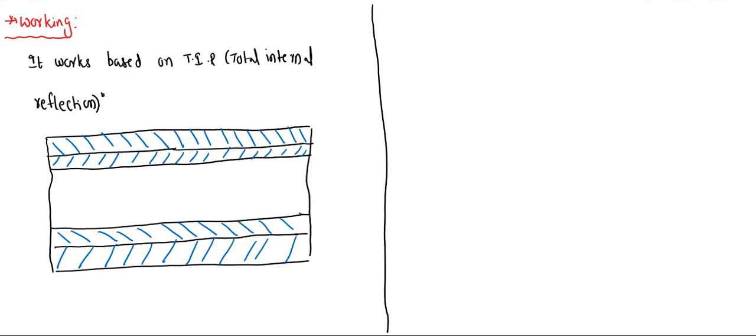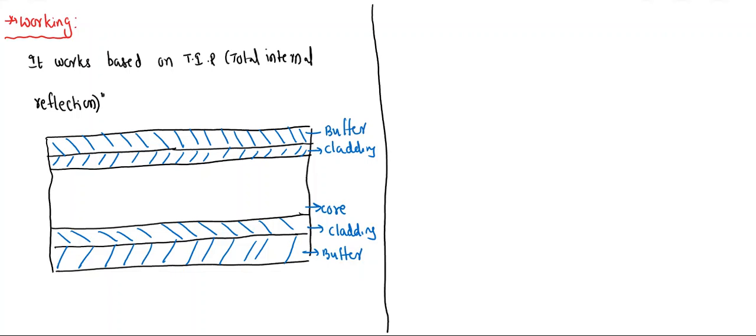You see this diagram, and this inner part is called as the core. Core is surrounded by a layer that is called as cladding, and the cladding is surrounded by one more layer that is called as buffer. Here also this is cladding, and this is the buffer, right?